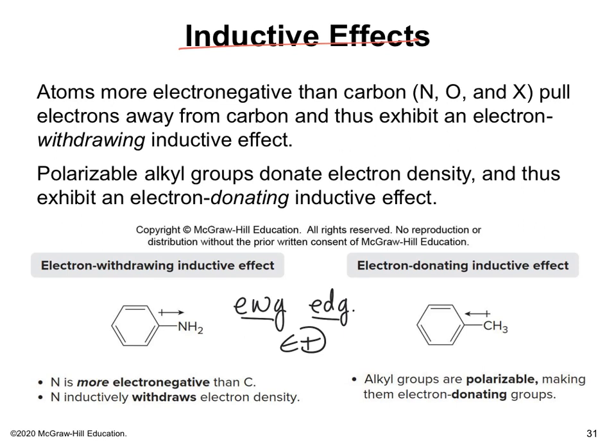One is inductive effect. So this is in the sigma bond, and nitrogen is more electronegative than carbon, so this has somewhat of an inductive effect. Carbon versus carbon, it's going to be pushing the inductive effect towards the carbon. So is it electron donating, or is it electron withdrawing?